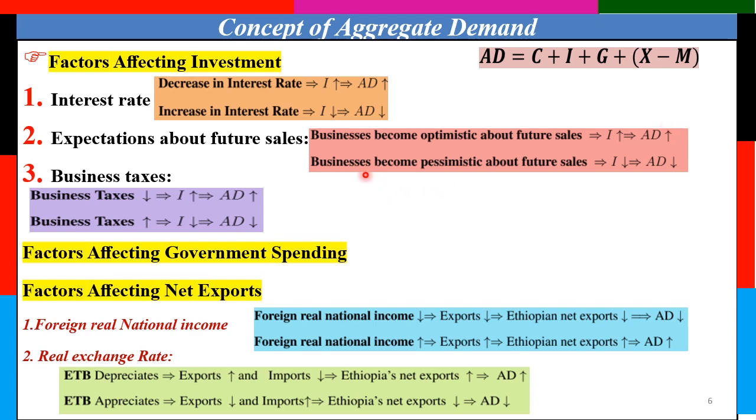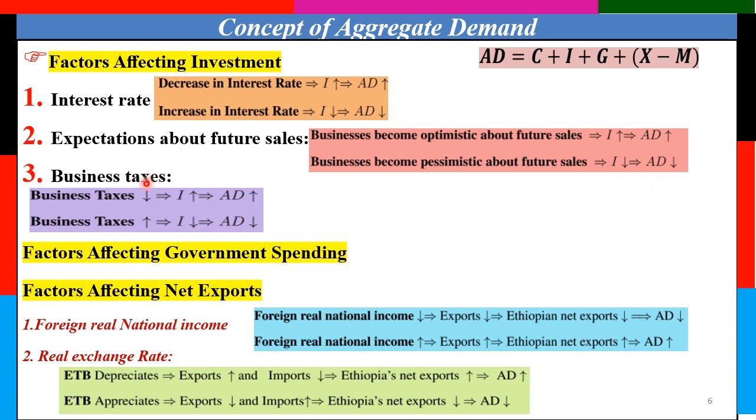But if the business assumes a pessimistic, negative outlook about future sales and total revenue, then investment goes down and this causes aggregate demand to decline.